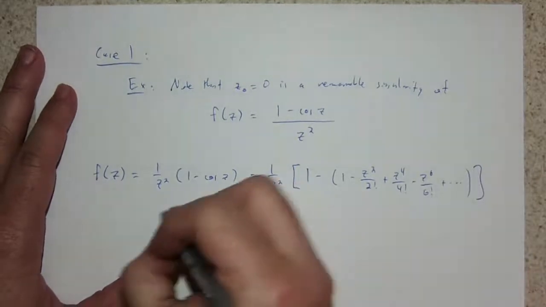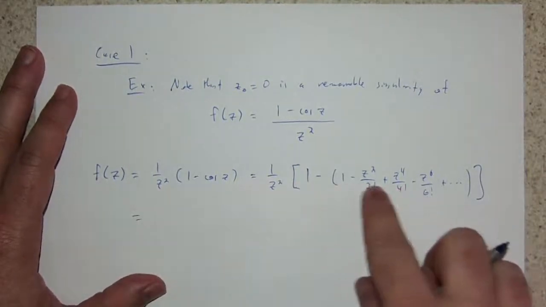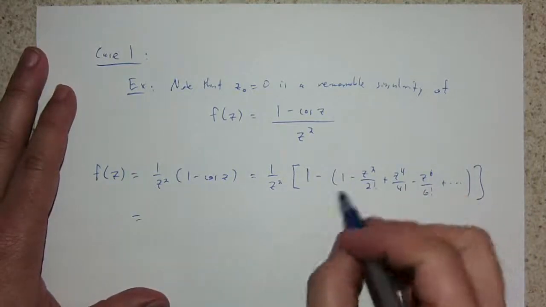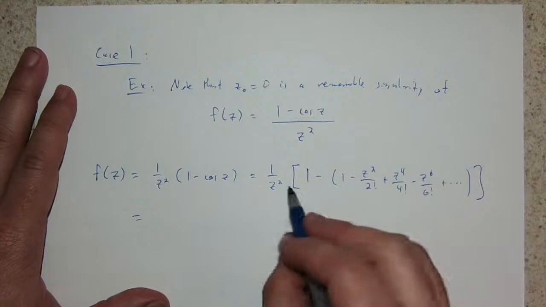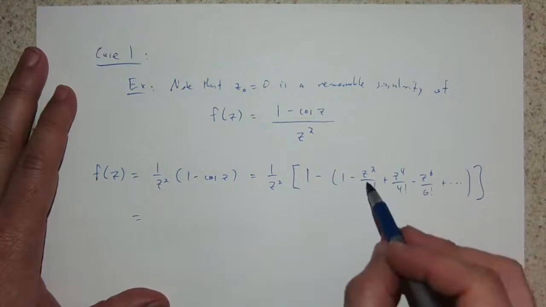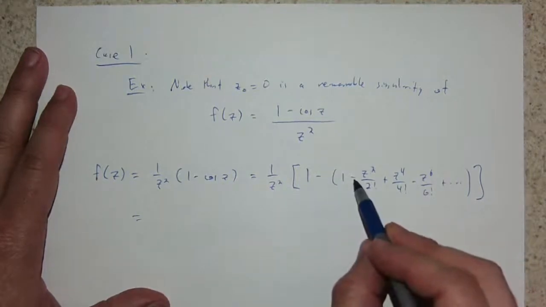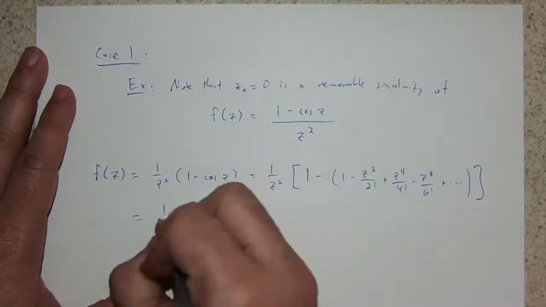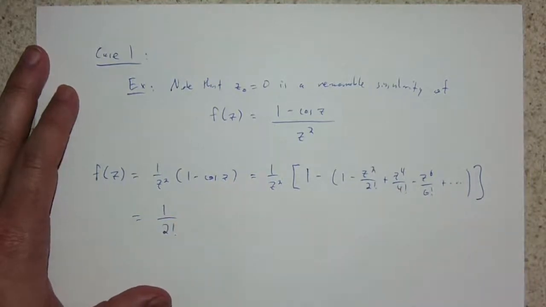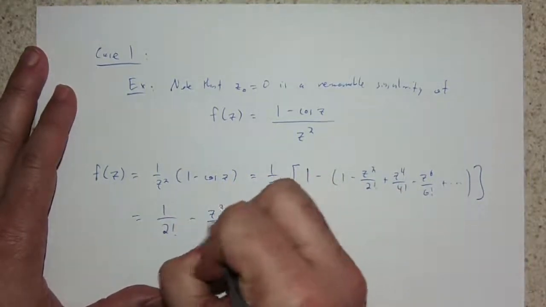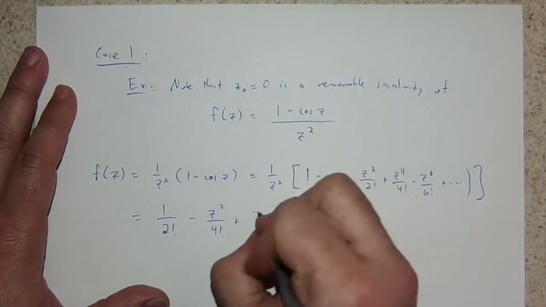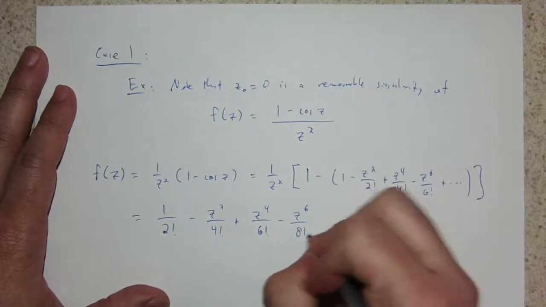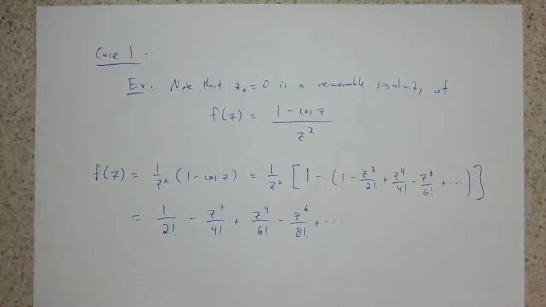So I have 1 minus 1, and a bunch of minus signs flip. The 1 minus 1 cancels, and after I multiply through by 1 over z squared, what I'm left with is 1 over 2 factorial minus z squared over 4 factorial plus z to the 4th over 6 factorial minus z to the 6th over 8 factorial, and so on. All right, so that's what I get here.